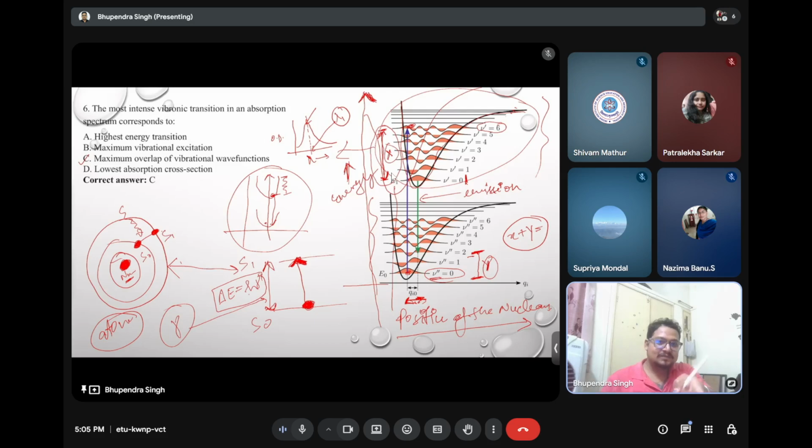That is why this change is always there. The potentials are not drawn one directly above the other, so the nuclear position is different. Read about the Born-Oppenheimer approximation. Okay, fine. I think I have given you the answer.